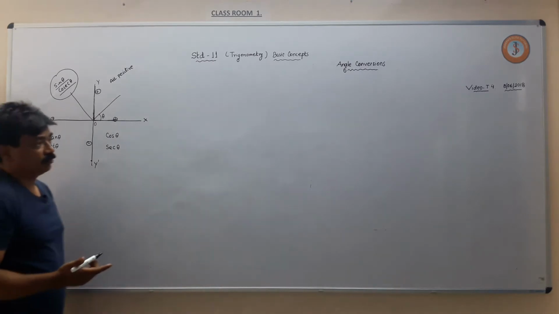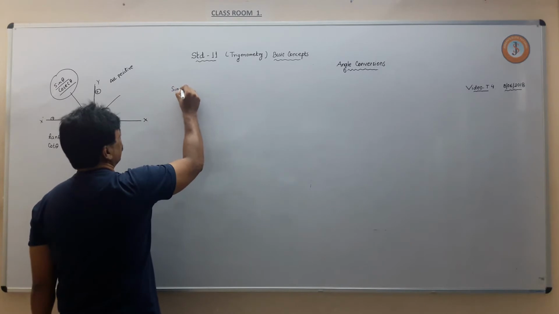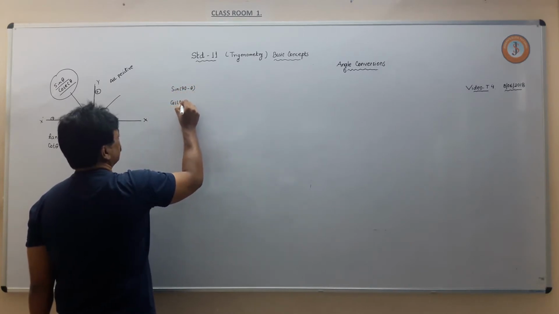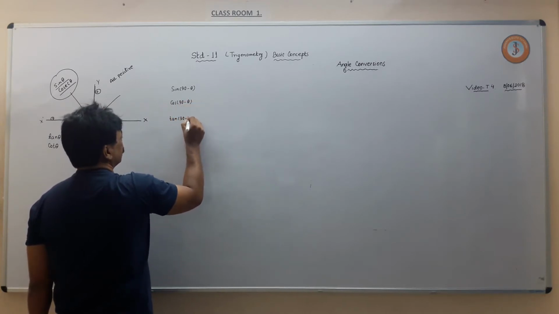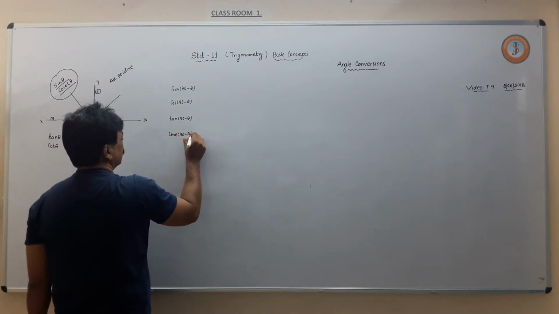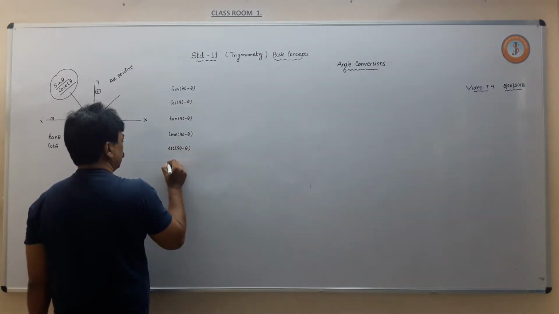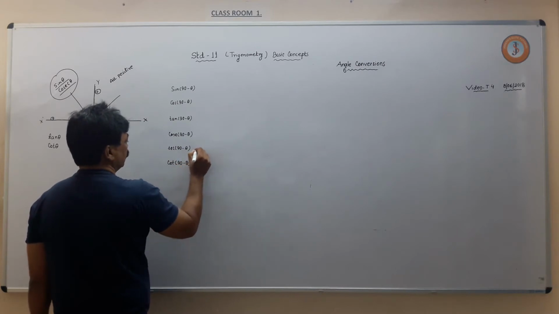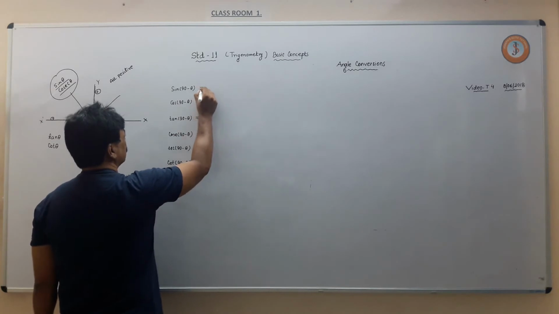Also, we have to know one more thing, that when we use sine 90 minus theta, cos 90 minus theta, tan 90 minus theta, cosec 90 minus theta, sec 90 minus theta, and cot 90 minus theta, we have to remember, as soon as we use 90, what happens?